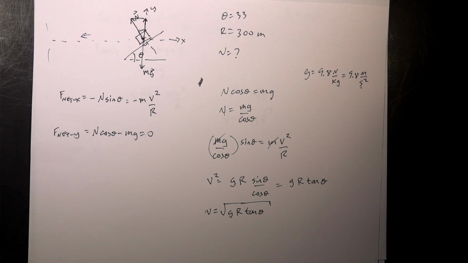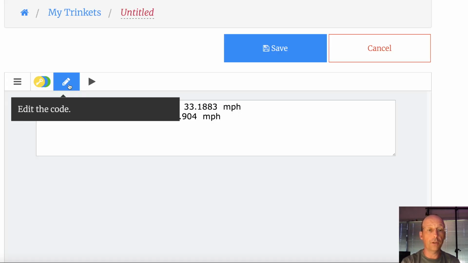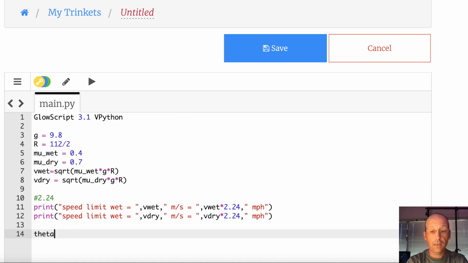Okay, so let's plug in and get my value for the velocity, and then we'll get it in miles per hour. And this is the speed it would travel with no friction. I'm going to switch back over here to Trinket Python. I will give you the code for this because I care. So I'm going to use the same thing. And let's just do theta equals 33 times pi divided by 180.